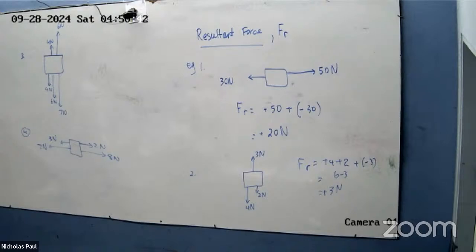But I want to know what will happen with number 4. What is going to happen in number 4?